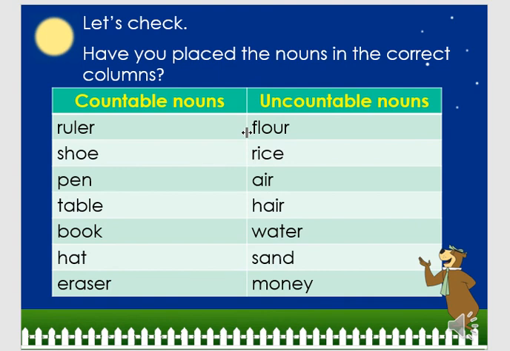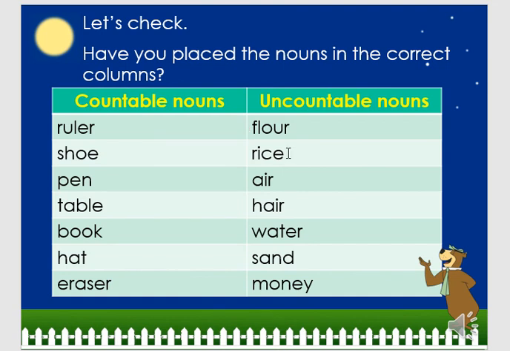For example, I said, I need 3 cups of flour. So we're using the number of cups to quantify the amount of flour that we need. So if we are not able to put a number right before the noun, then that noun is uncountable.